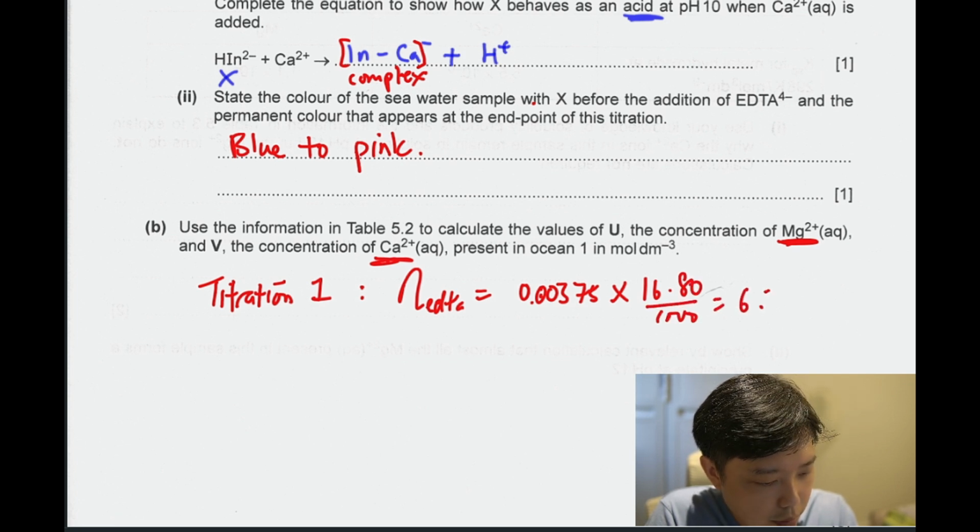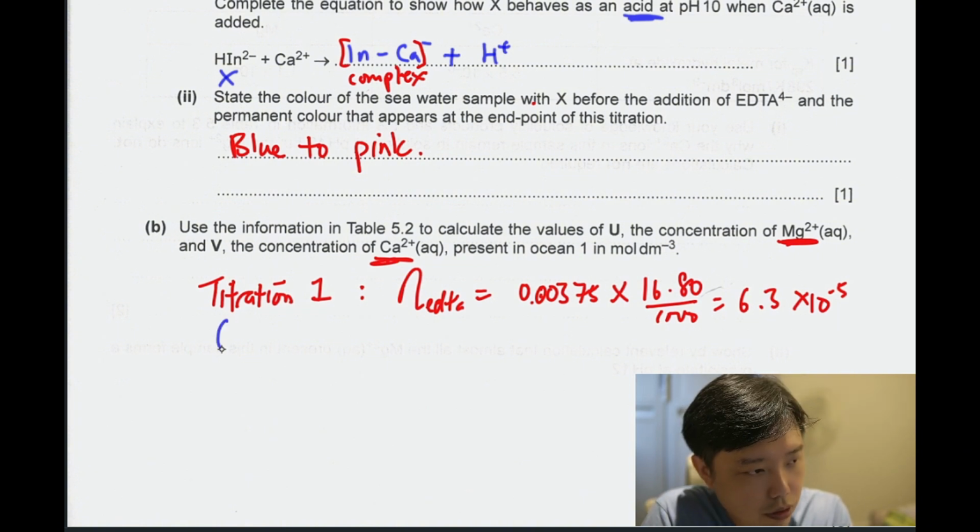You get 6.3 times 10 to the power of -5. So this is the number of moles of EDTA. Take note for titration 1, it is used for both magnesium and calcium.